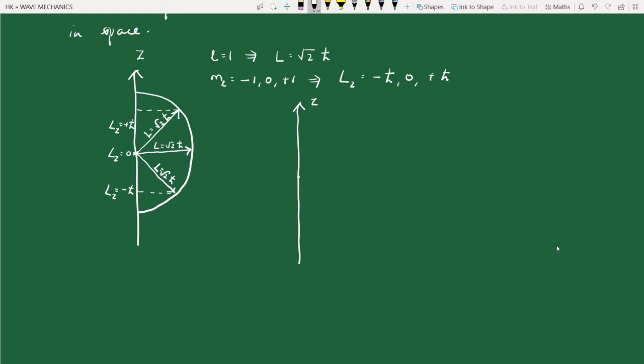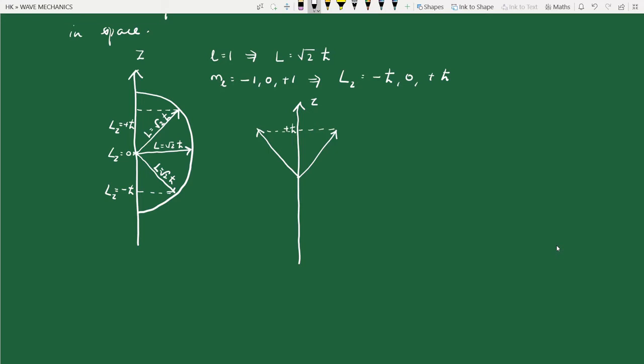Now, earlier we considered this vector with projection plus h cross. Consider another vector making the same angle with respect to the z-axis and with the same length. Here also the projection is plus h cross.